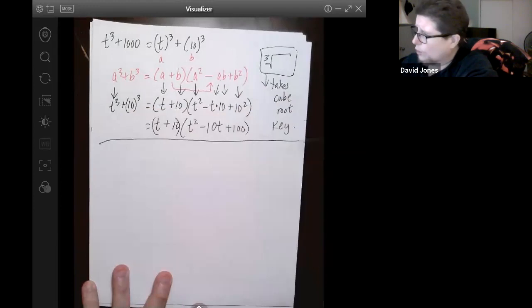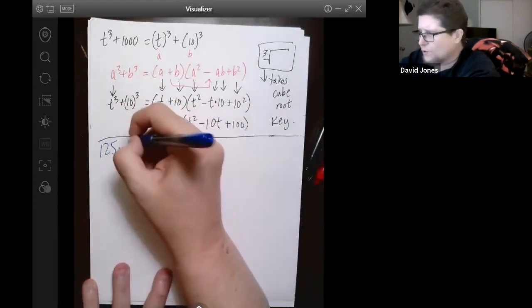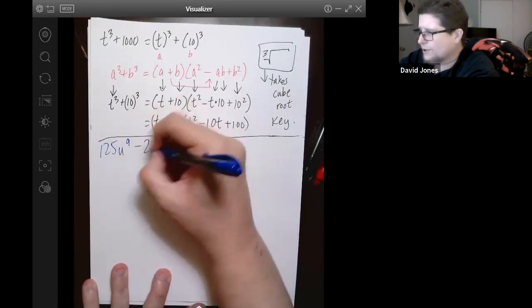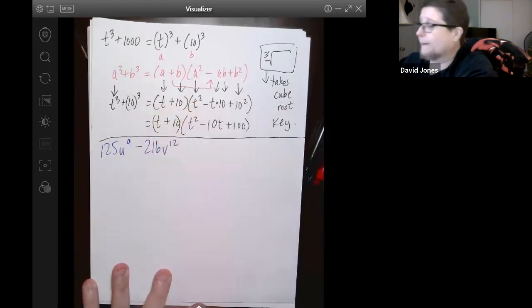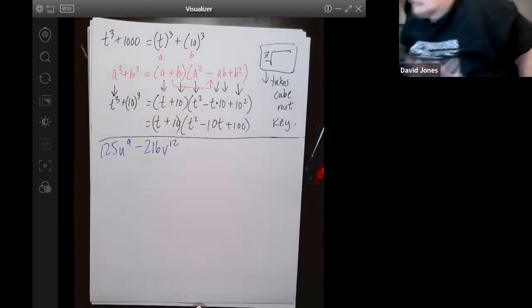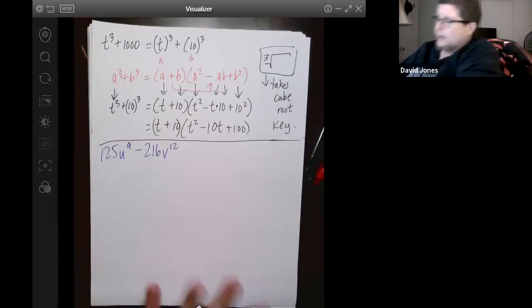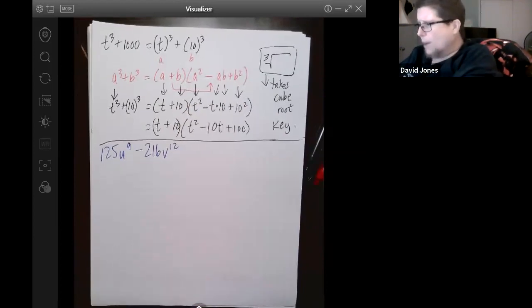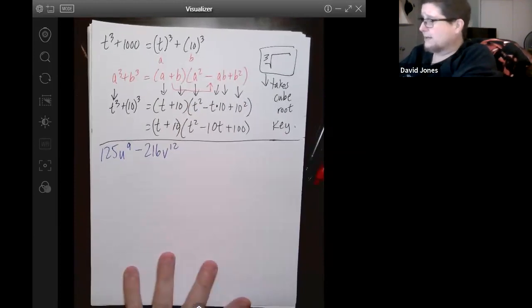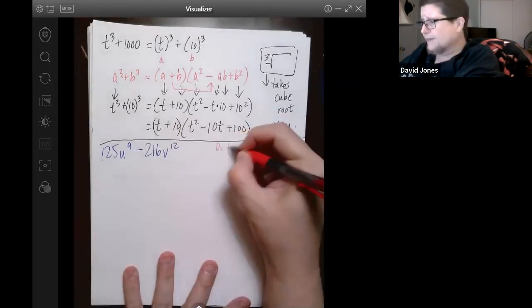Let's make it a little more complicated. 125u to the 9th power minus 216b to the 12th power. All right, so when I see something like this, do the exponents divide by 2?